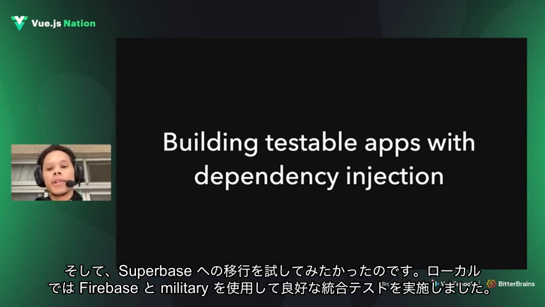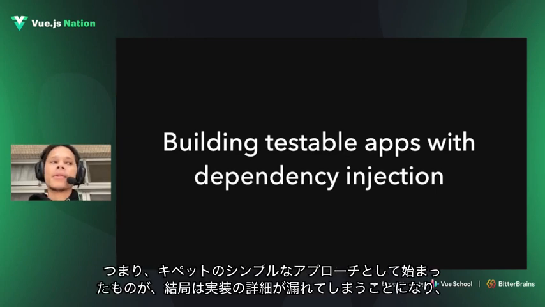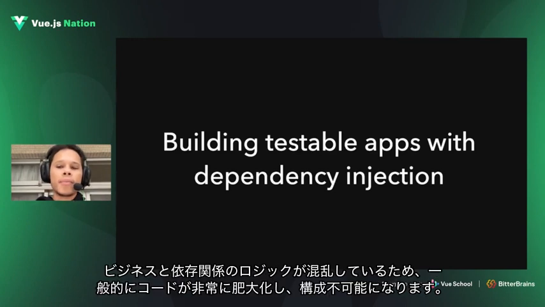I had good integration tests using Firebase emulators locally, but my business logic was too tightly coupled with the Firebase code. What started as a keep-it-simple approach ended up with leaking implementation details, super bloated composables, and untestable code in general because of the mess of business and dependency logic.